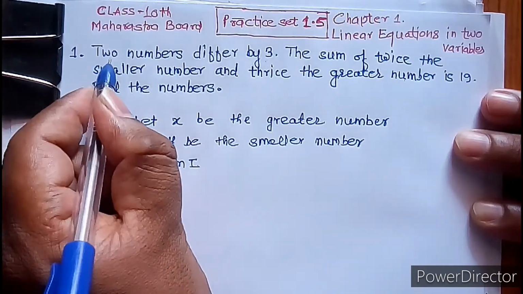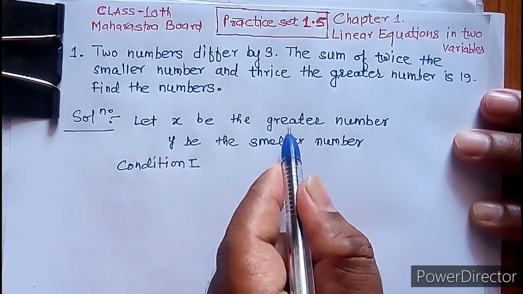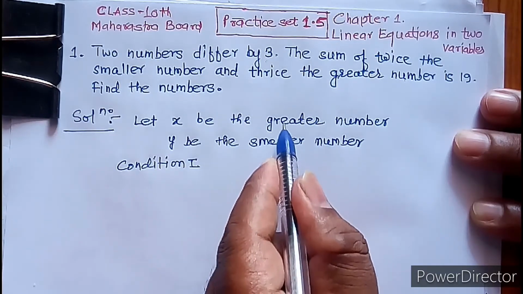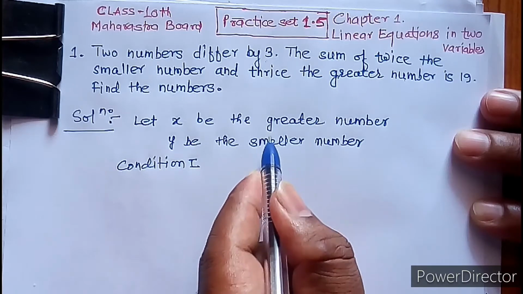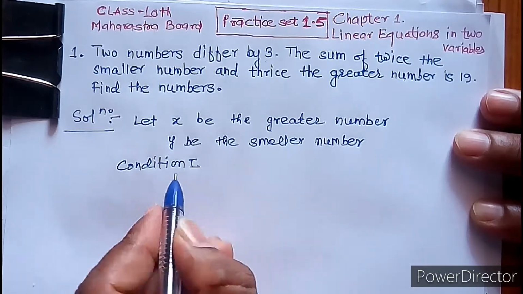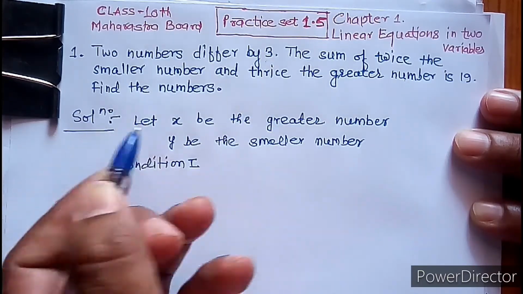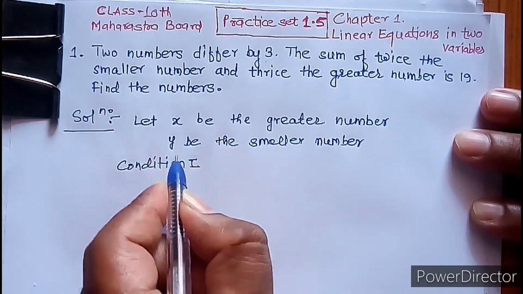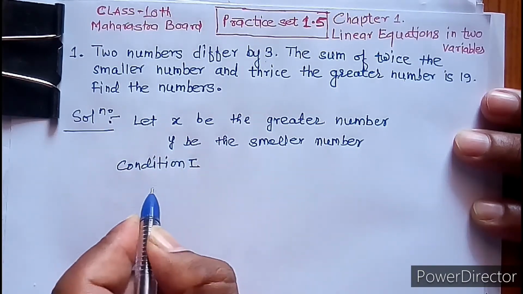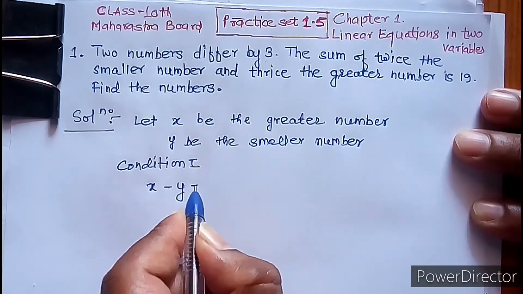Condition 1: two numbers differ by 3, means the difference between these two numbers is 3. It means that if you subtract the smaller number from the greater number, the difference is 3. Here the greater number is x and the smaller number is y, so if we subtract y from x, we get 3.